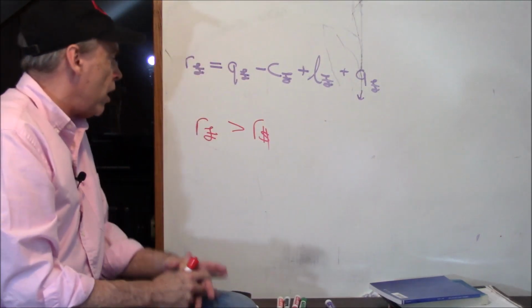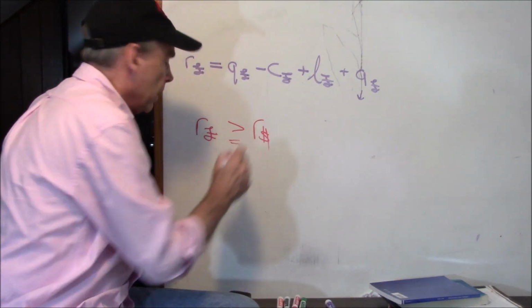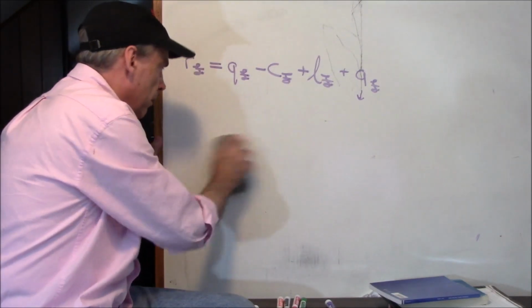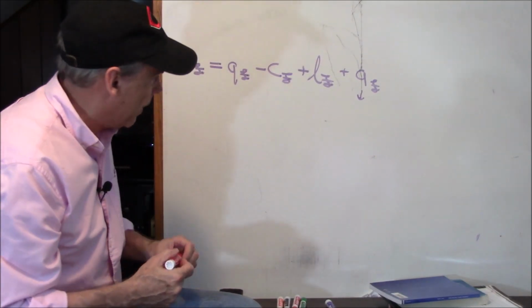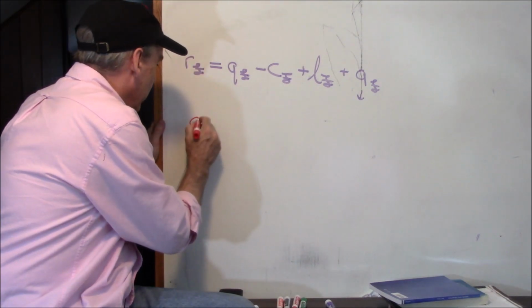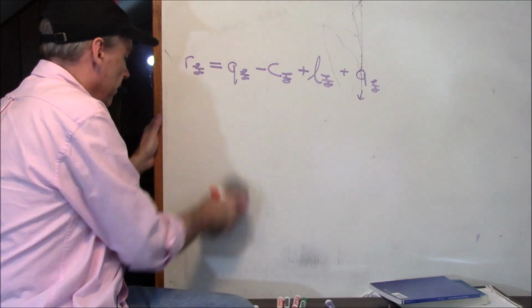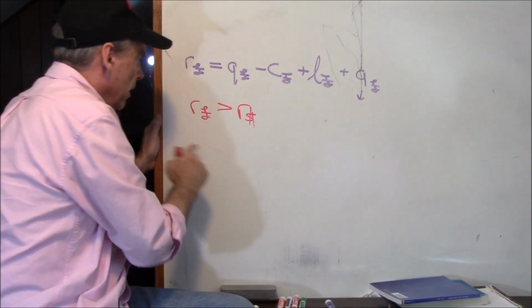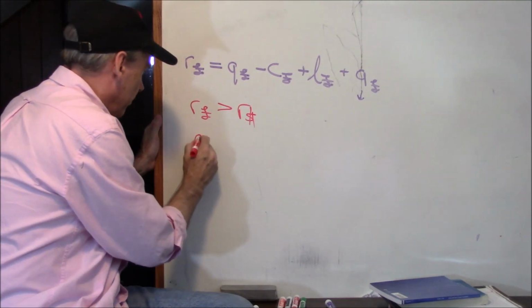Something's going to have to adjust to make it equal, all right? I was going to give you an example from another area of economics, but that actually might make it worse. Let me write this out in the full equation.